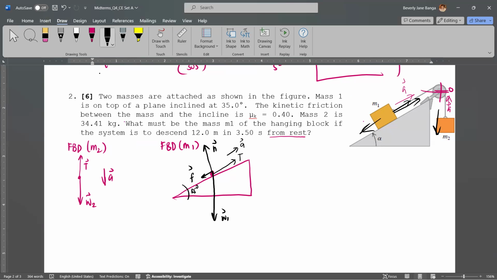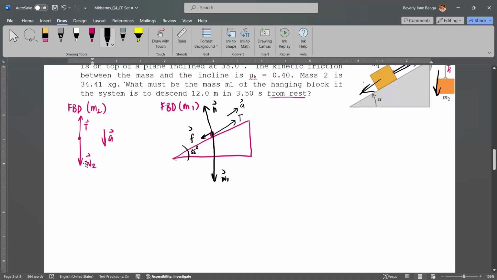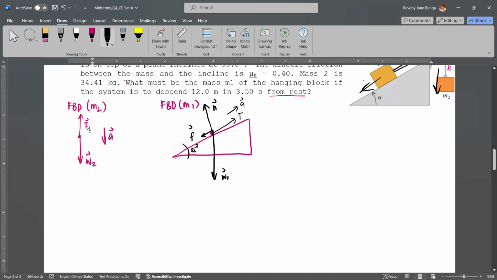Okay. So, start tayo kay FBD ni mass 2. No, start tayo dito kasi ito meron na tayong alam about mass 2. So, si mass 2 natin, summation of force along x is simply 0. But summation of force along y, you have tension plus negative weight 2 is equal to, obviously, meron kang MA kasi nga gagalaw siya.